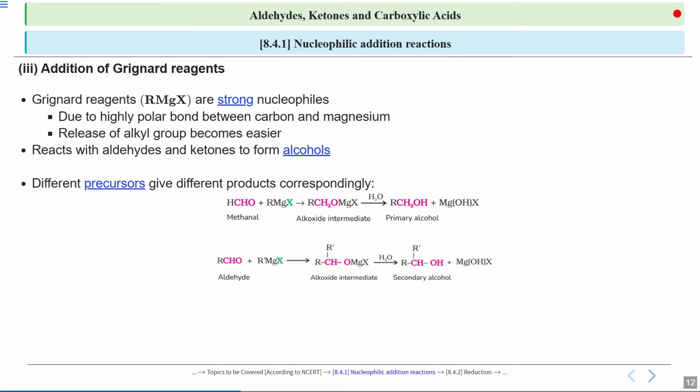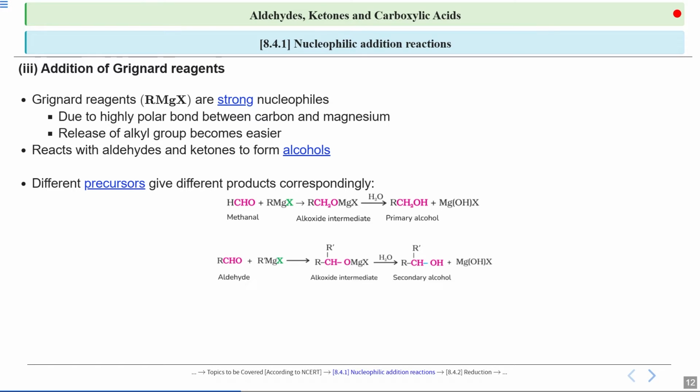But when you react any aldehyde other than formaldehyde with RMgX, or Grignard reagent, you will get a secondary alcohol. So here you need to remember, if you are reacting methanal with a Grignard reagent, you get a primary alcohol.